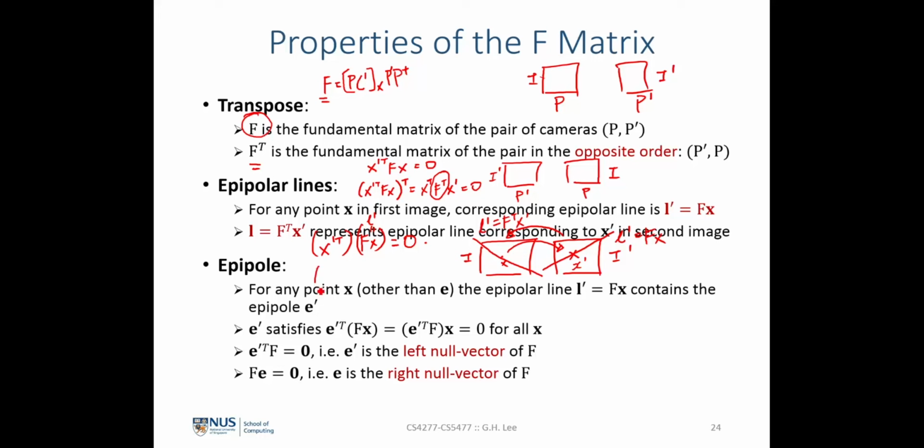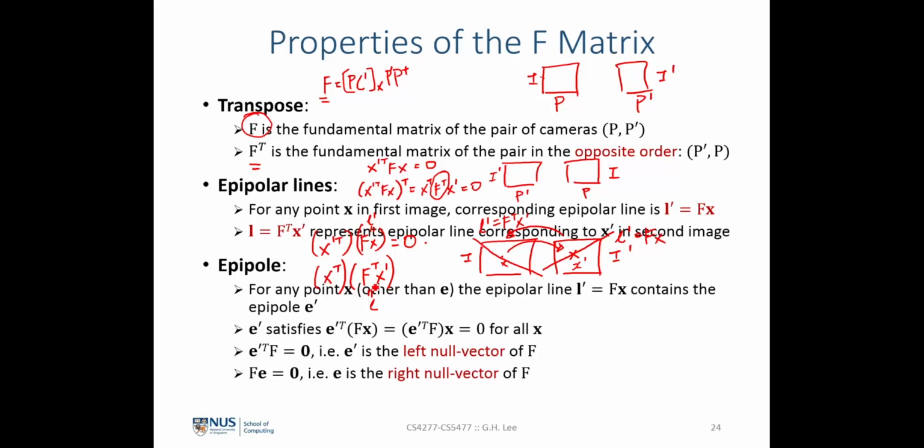So X transpose here is the point in the first view, and F transpose X prime defines the epipolar line in the first view, since the point on the first image must lie on the epipolar line in the first image as well.